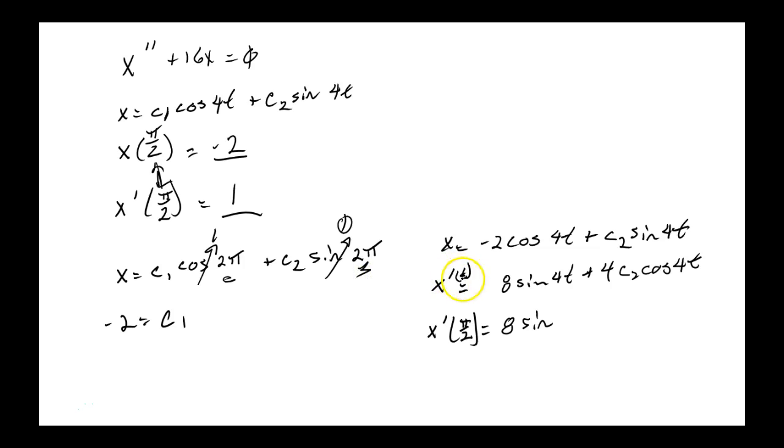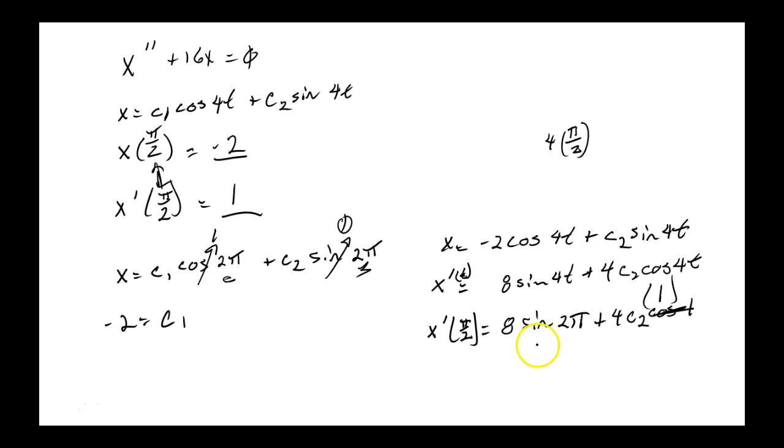And t is pi halves. 4 times pi halves is going to be 2 pi. Plus 4c2 times the cosine of 2 pi, which is 1, okay.